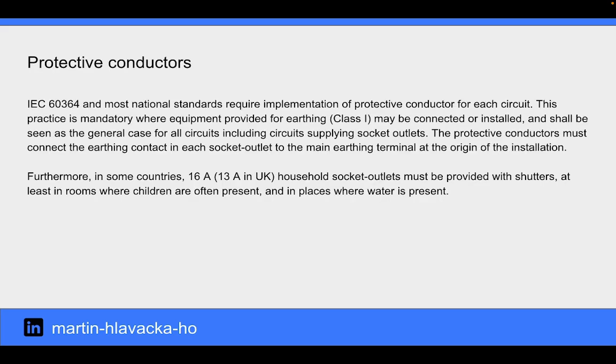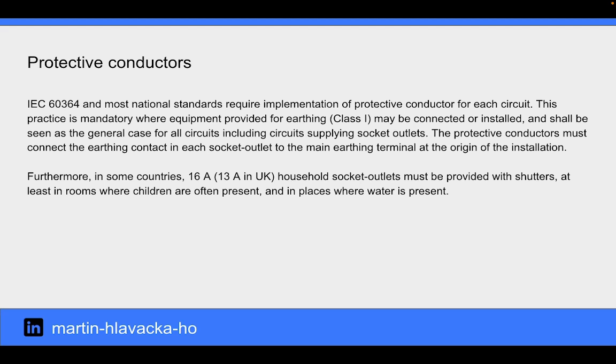IEC 60364 and most national standards require the implementation of protective conductors for each circuit. This practice is mandatory where equipment provided for earthing may be connected or installed, and shall be seen as the general case for all circuits, including circuits supplying socket outlets.